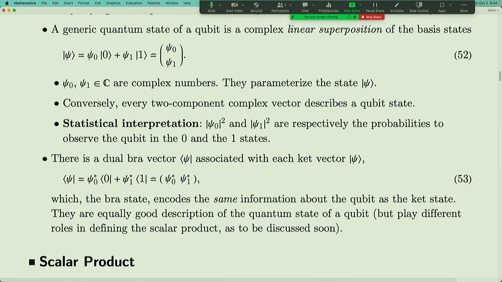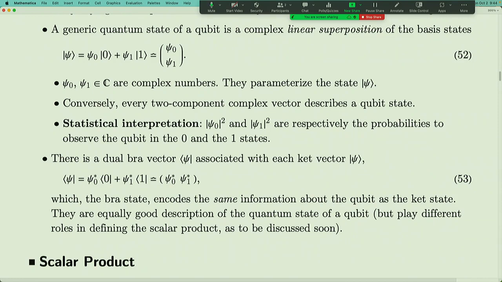You can also write down its corresponding dual vector, which is very simple: just flip everything the other way around. But always remember to put a complex conjugate on every complex number you encounter during this dual operation. For example, if you go from column to row, you need to complex conjugate the vector components.